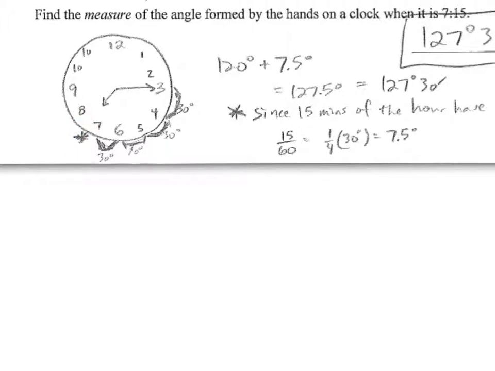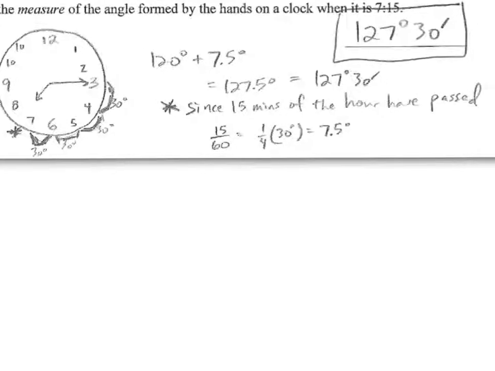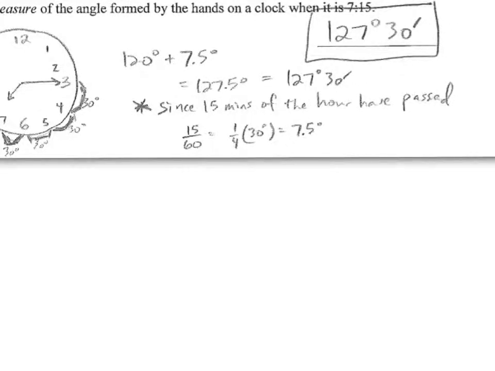So, since 15 minutes of the hour have passed, it is reasonable to conclude that 1/4 of the hour is done, which also means 1/4 of the 30 degrees is going to be spent between that 7 and 8. So I've taken 1/4 of 30 degrees, that gives me 7.5.